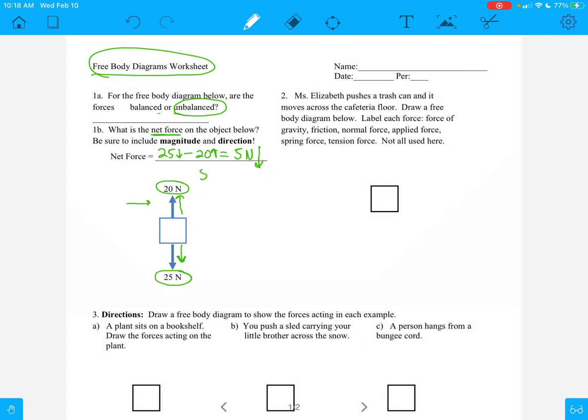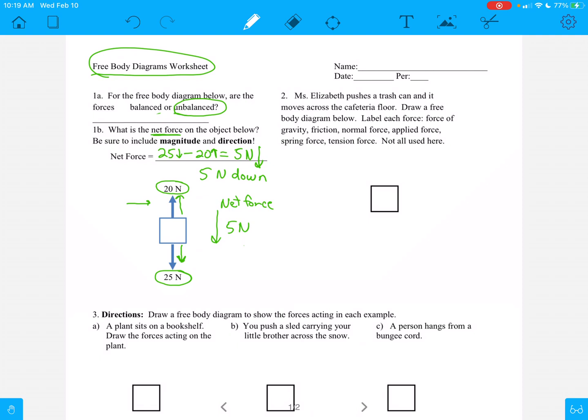So you would say 5 newtons down. And that's what the box is doing. The box is actually moving in this direction. Okay, it's moving down. It's moving this way, 5 newtons down. That's the overall net force. Okay, that's how we do these. So let's do another one.